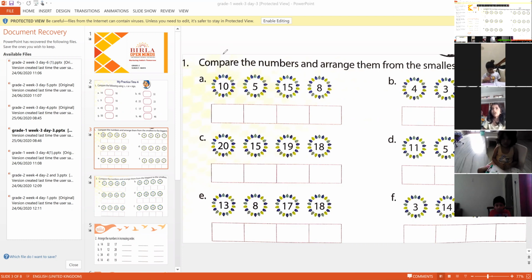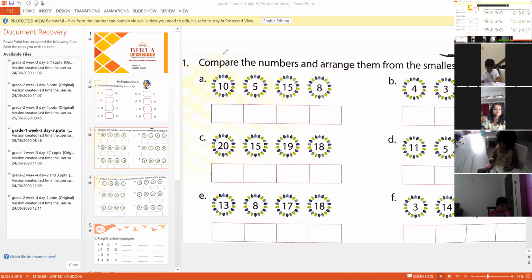You have to compare the numbers in the tens place. Okay, children? And if the numbers in the tens place are the same, then you have to move on to the numbers in the ones place. Then you will compare the numbers in the ones place, children. We did this yesterday, no?